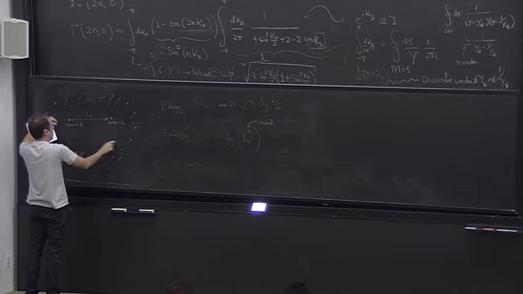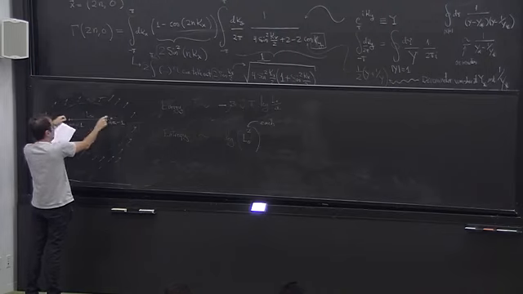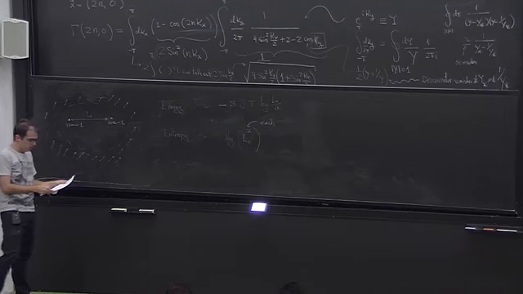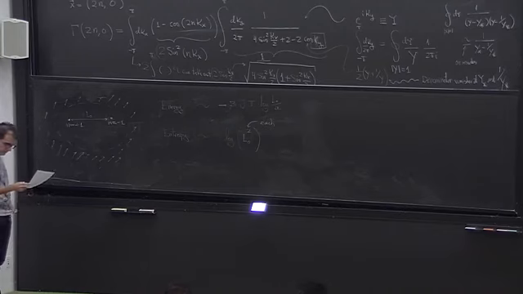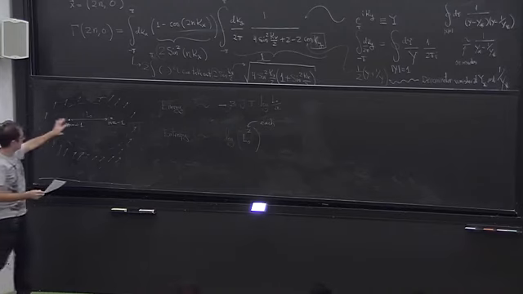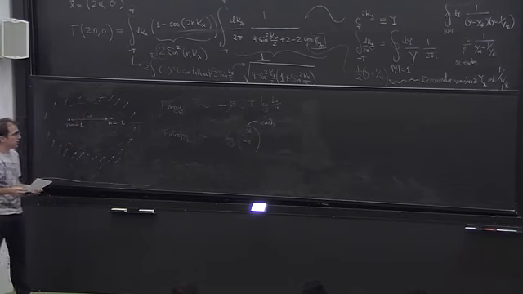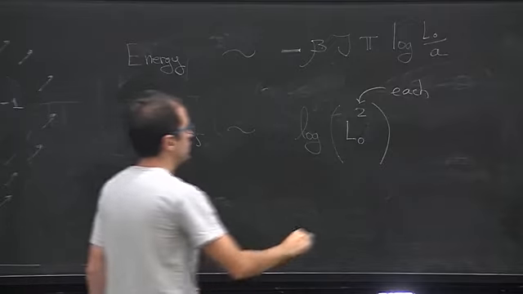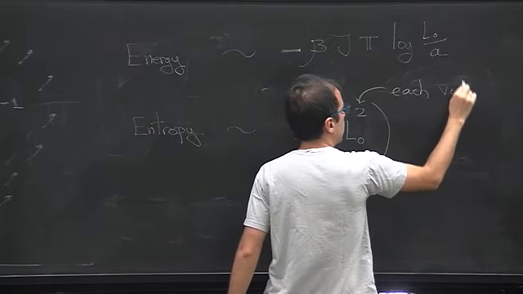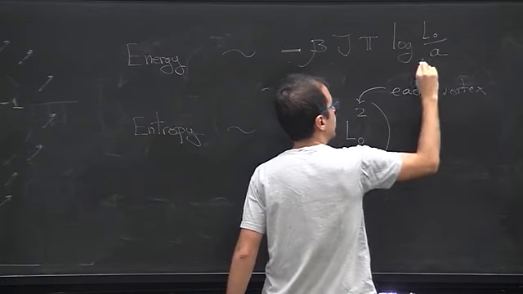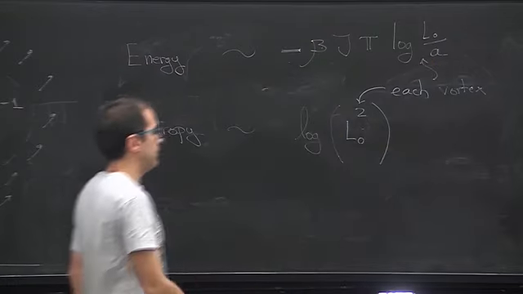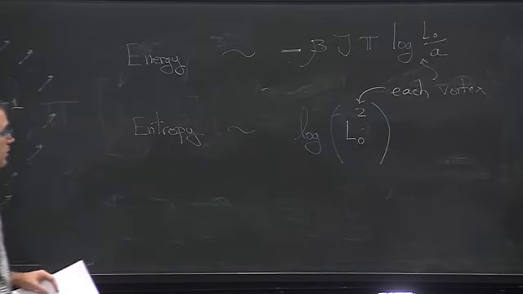So there would be order L0 squared positions for where to put each vortex. So for each vortex, I would have this energy and this entropy, right? For each one, I can choose where to put it.